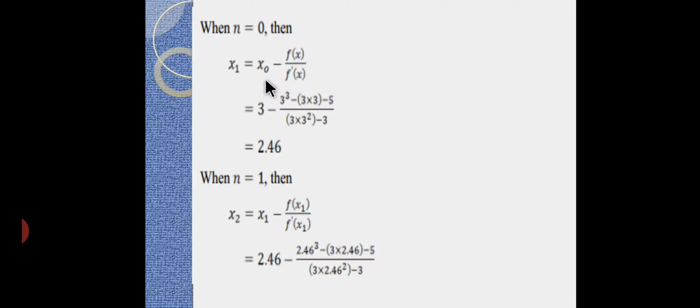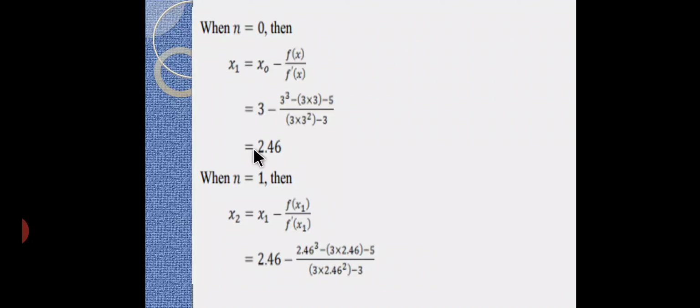So here the x naught value is 3, minus f of x naught, which means 3 cube minus 3 into 3 minus 5, upon f dash of x, whose value is 3x square minus 3. So we substitute here 3 into 3 square minus 3.